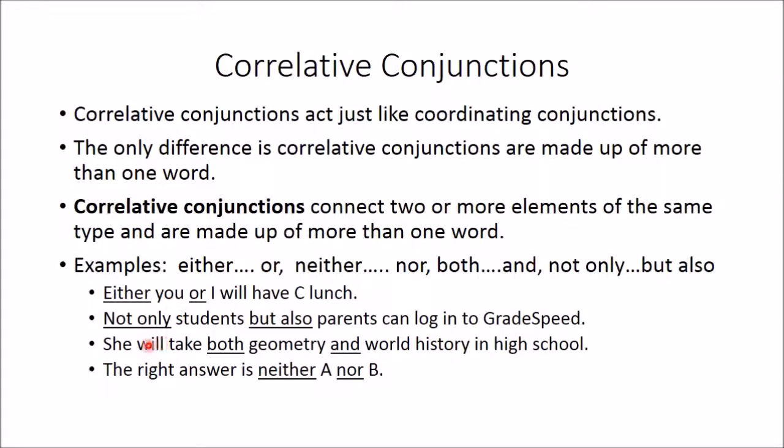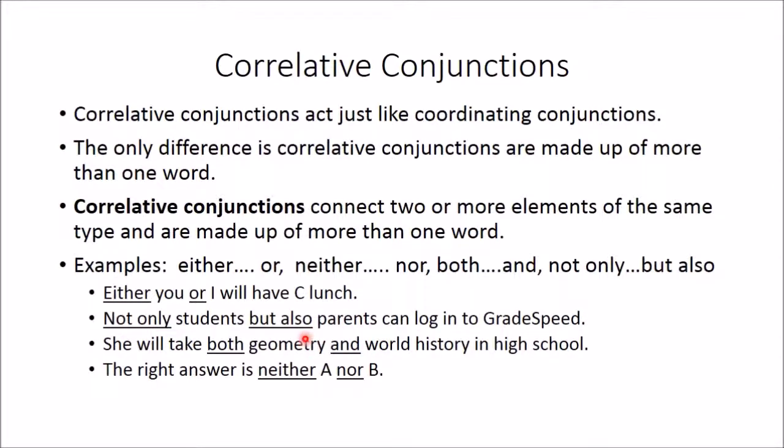And I'll just use this one. She will take both geometry and world history. Geometry and world history are direct objects. What will she take? She will take geometry and history. So she is the subject, will take is the verb, and then geometry and world history are the direct objects. The words both and, they are connecting these two direct objects, geometry and world history.